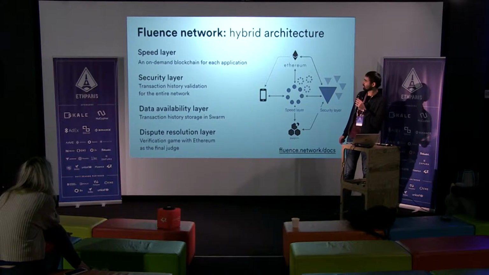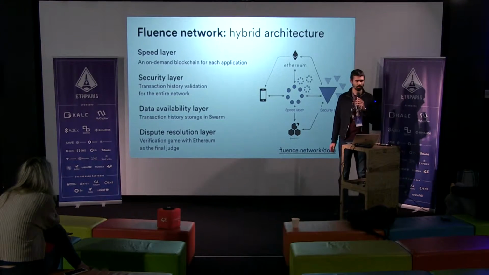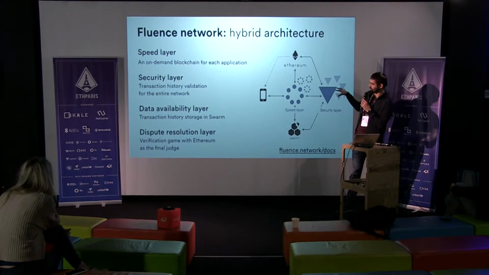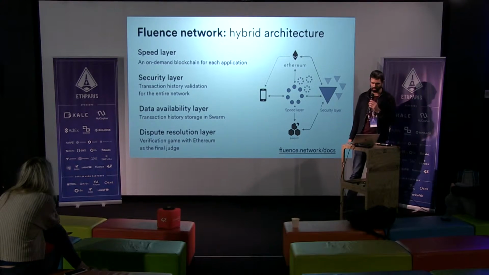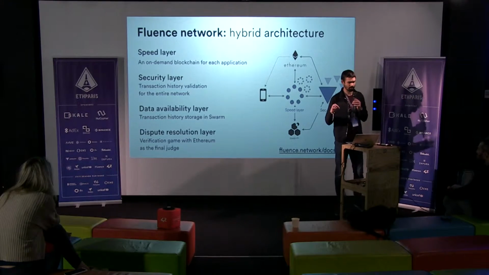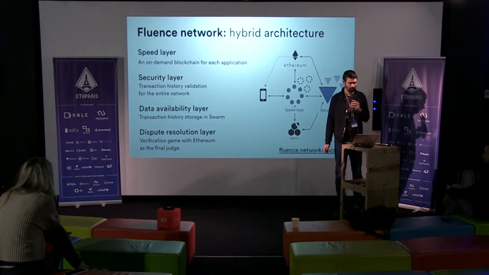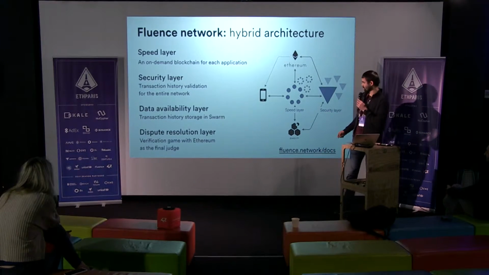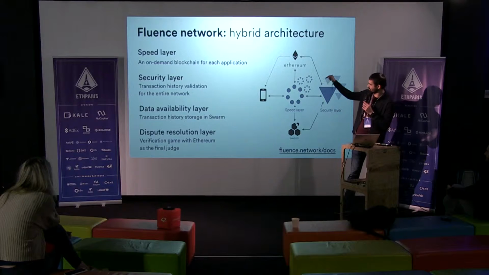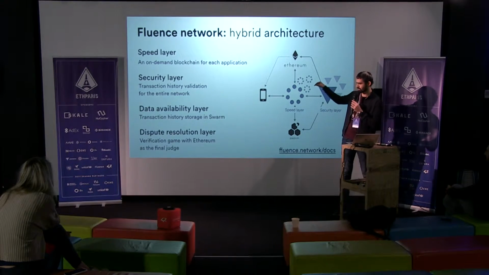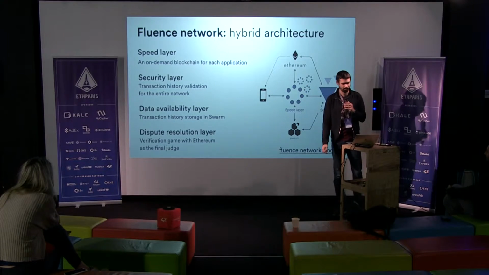The key idea of Fluence is a hybrid architecture. The network is divided into layers. The speed layer consists of very small clusters combined together with Tendermint and running WebAssembly. And a security layer keeps the running fast clusters in check.